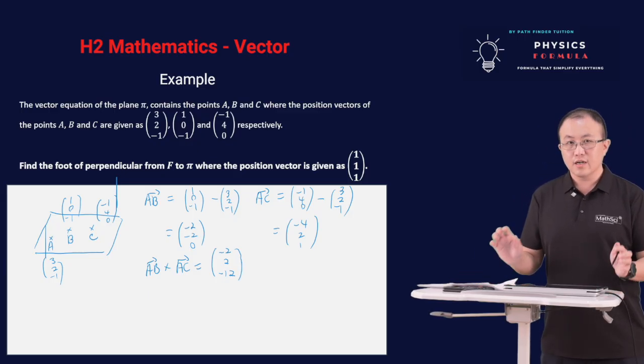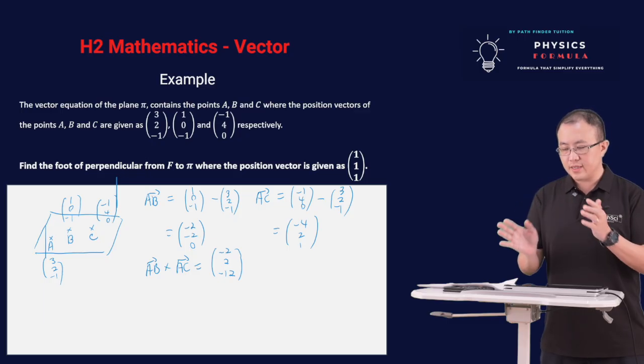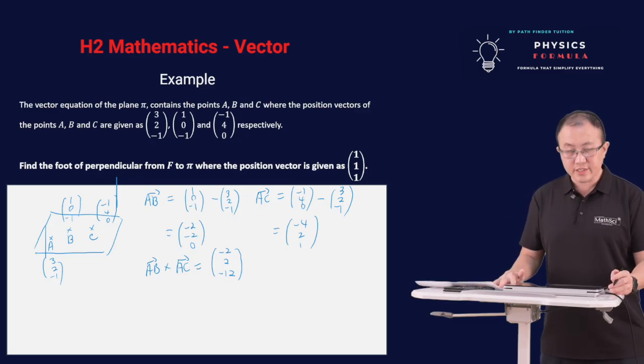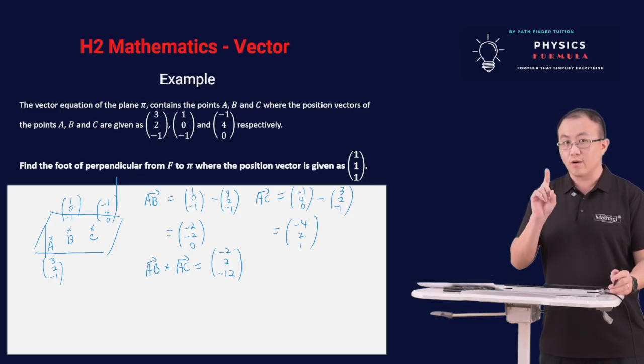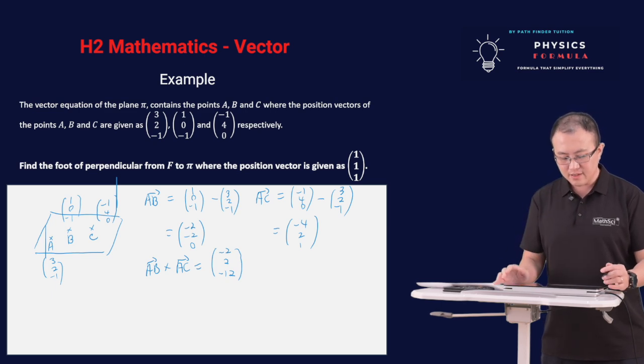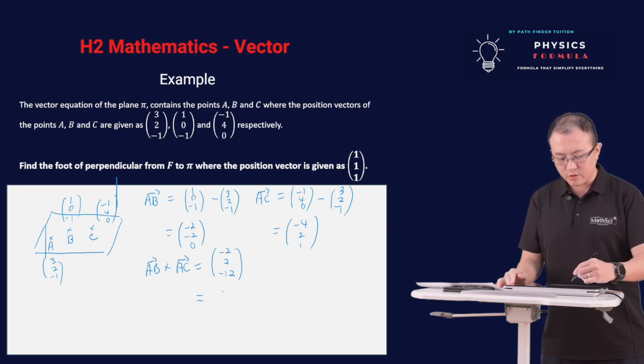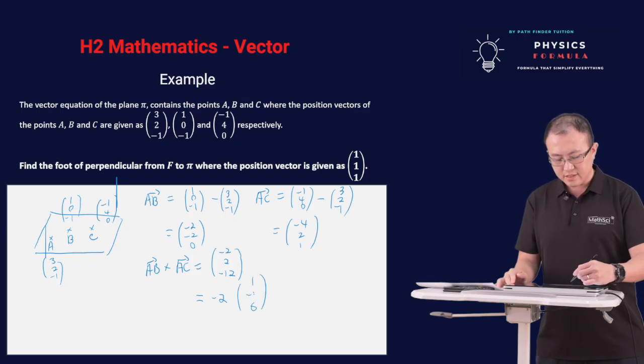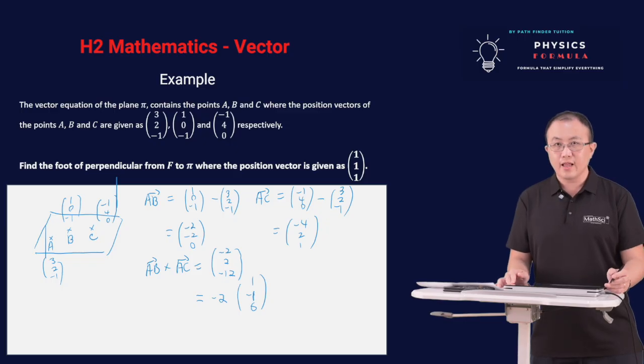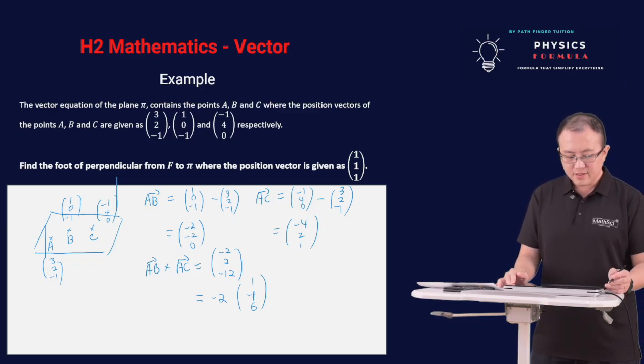So this is the vector product of AB and AC, which is the normal vector. But once again, for direction wise, I'm not going to use everything. If I factorize a minus 2 out, I will get 1, minus 1, and 6. I'm going to use this as my normal vector from here. And this will help me to find the foot of perpendicular from F to pi.